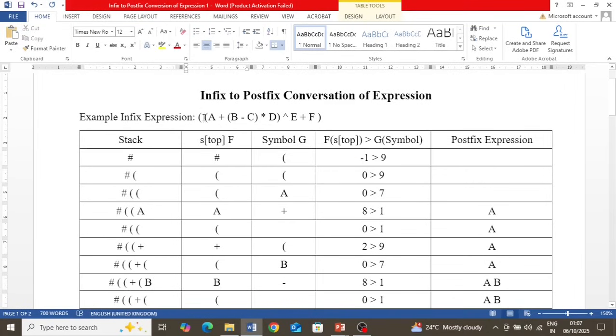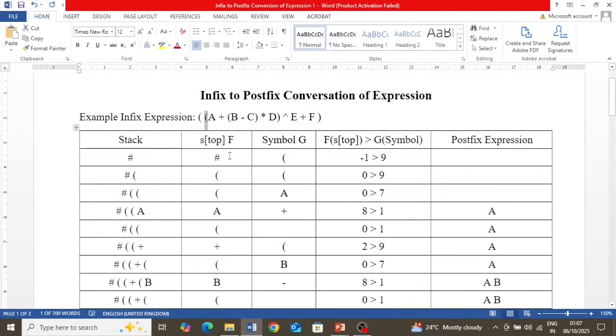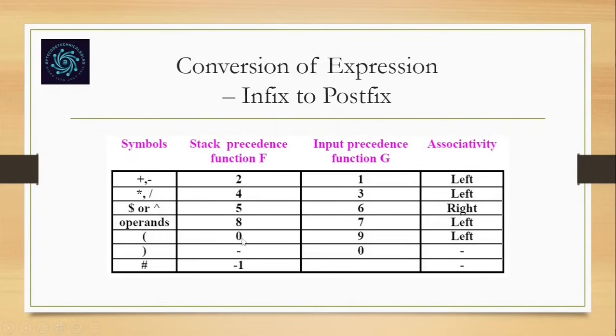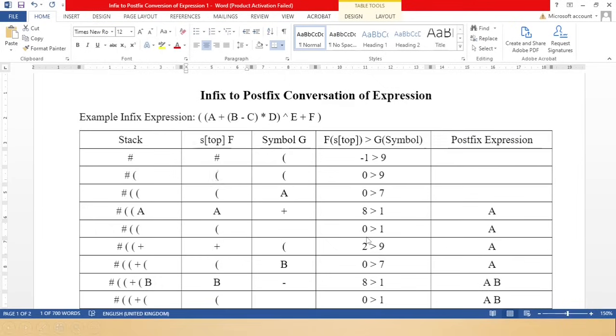Next, after the opening parenthesis in the input expression, we have another opening parenthesis. The opening parenthesis value in the F is 0, whereas the opening parenthesis in the G is 9.